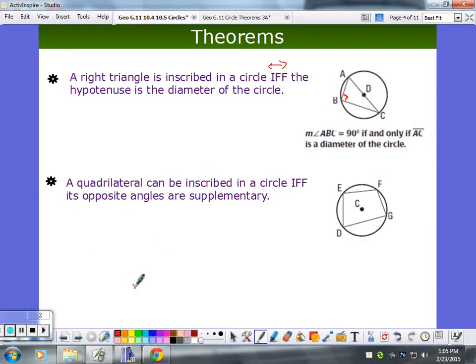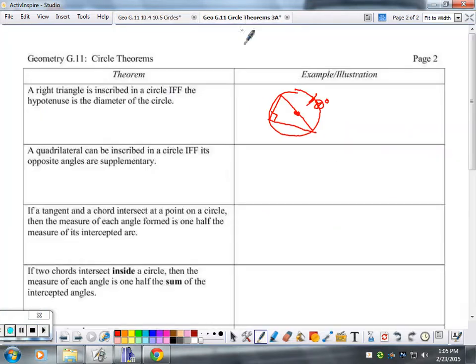And then this is our final one before lunch. A quadrilateral can be inscribed, get inside a circle like this, if and only if, another biconditional, its opposite angles are supplementary. Okay, so again, working on the picture. If you have any quadrilateral inscribed, meaning it's inside, and I'm trying to make it not look like anything, I'll call it ABCD.